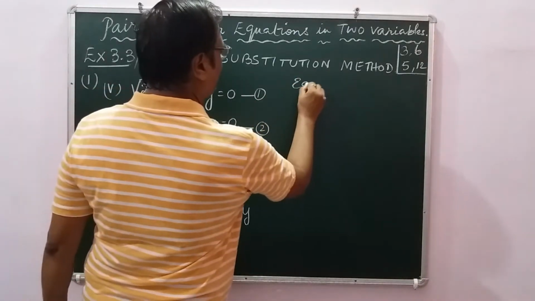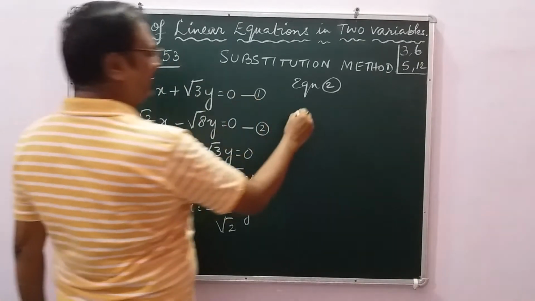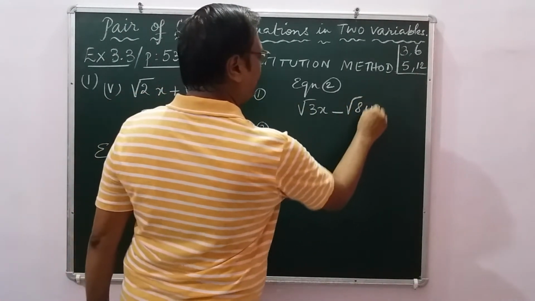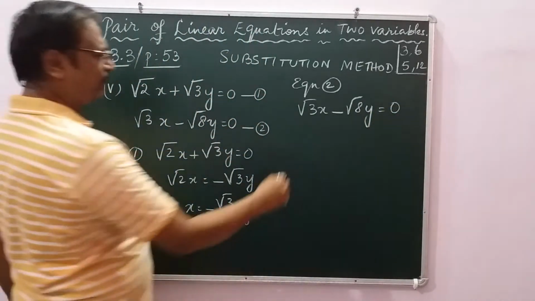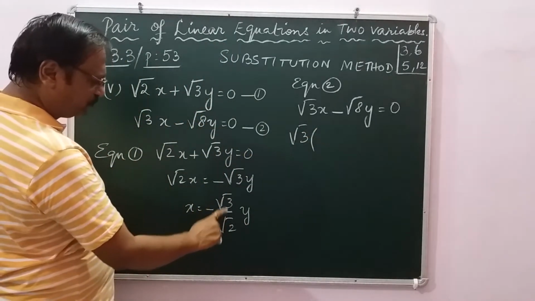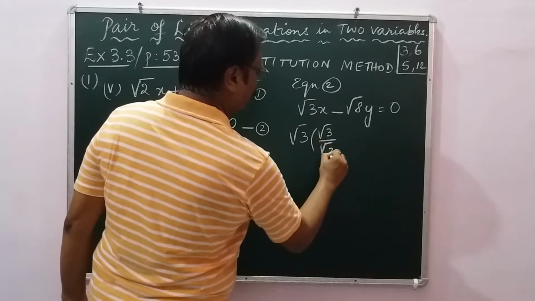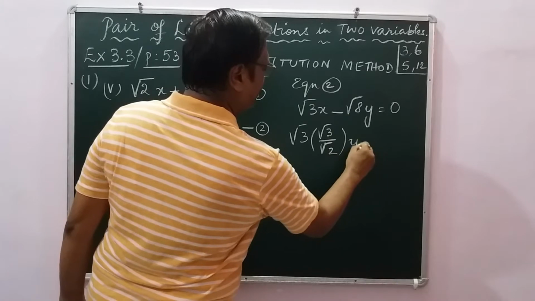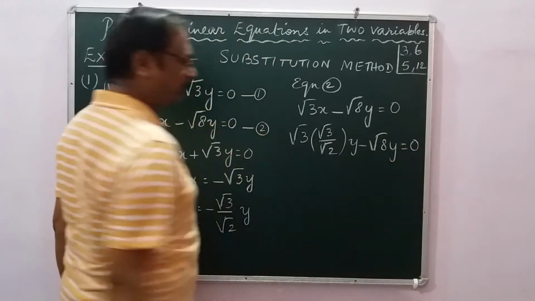Equation 2: root 3x minus root 8y is equal to 0. Let us substitute this value. Root 3, the x value is minus root 3 upon root 2 of y, minus root 8y, which is equal to 0.